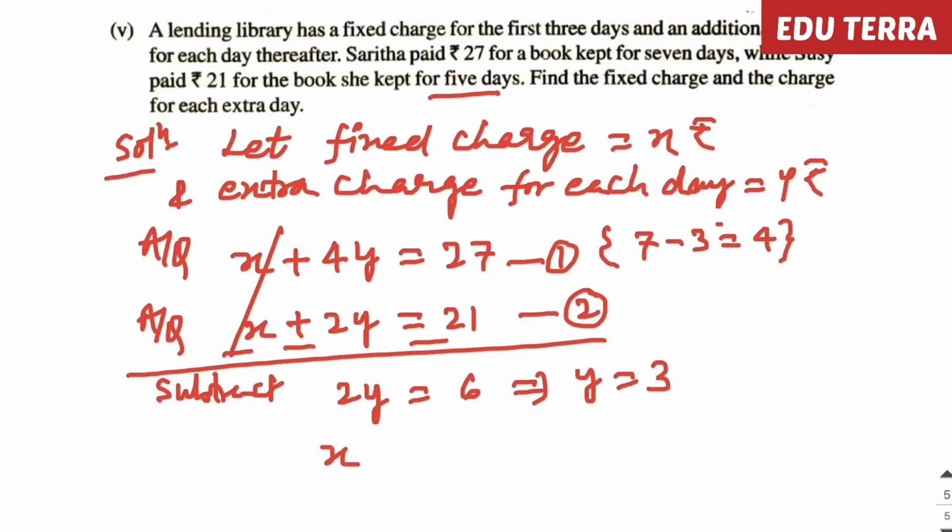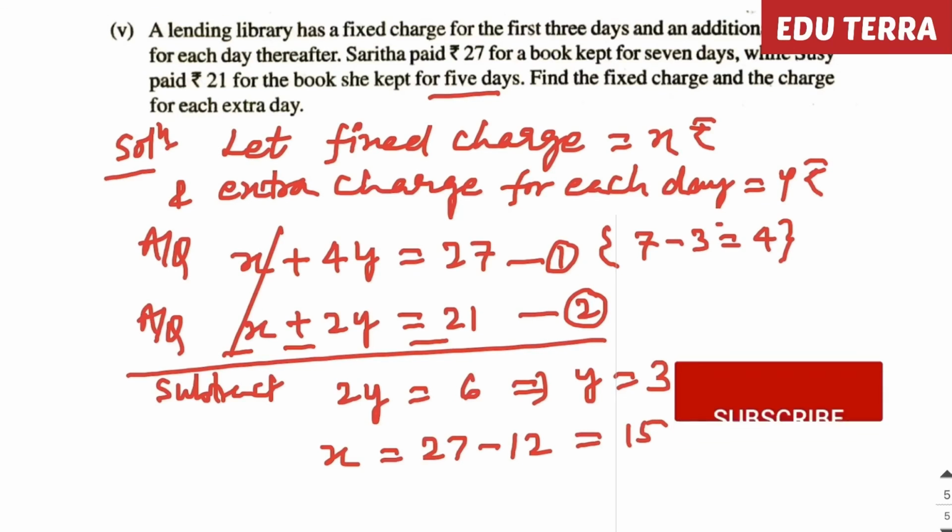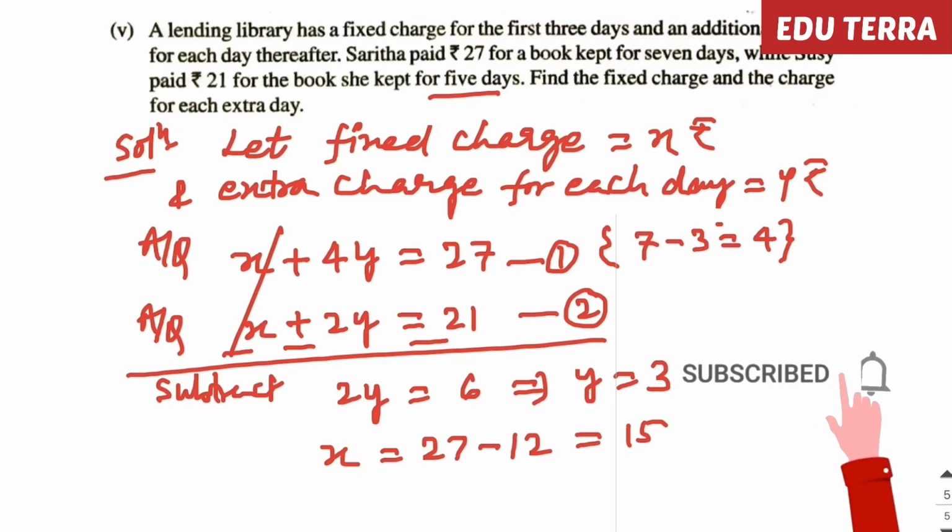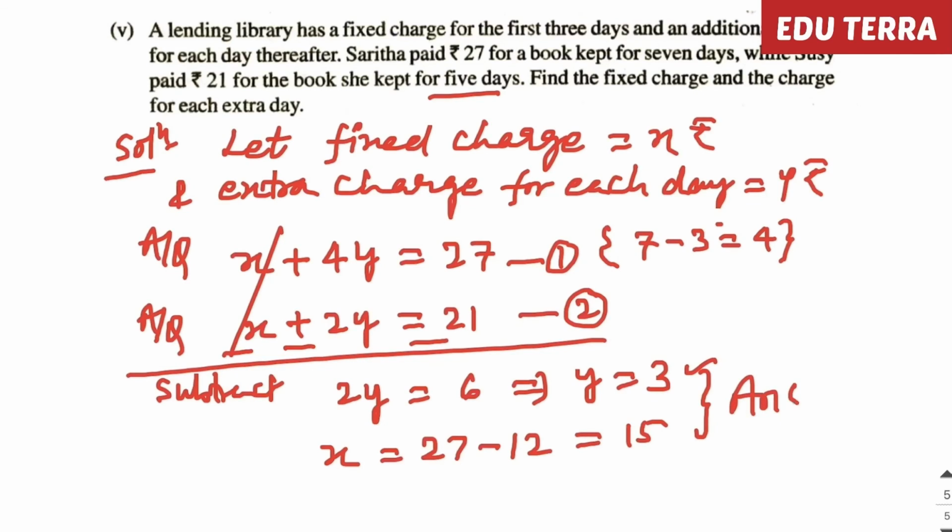So x equals 27 minus 12 equals 15 rupees. Okay, now it is the answer. Y was the charge for each extra day and the fixed charge is 15 rupees. Here we completed all the parts of question number 2.